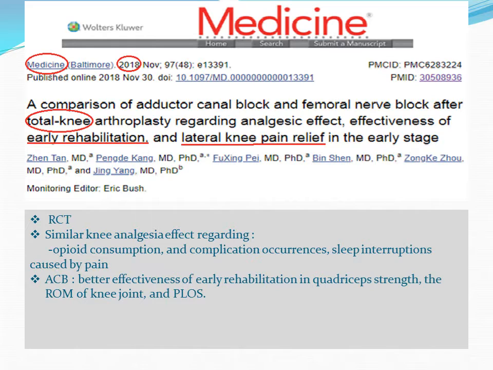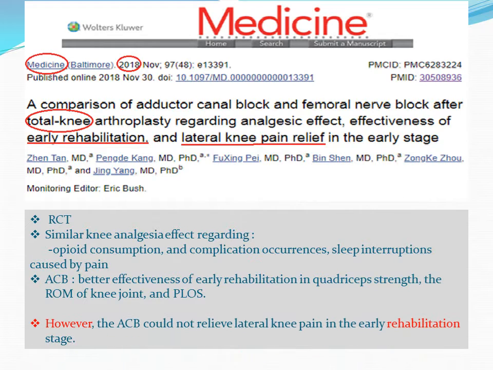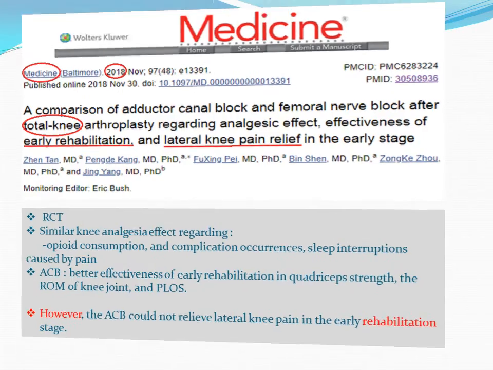In addition, adductor canal block had better rehabilitation, I mean better movement, but early rehabilitation is associated with lateral knee pain. So adductor canal block could not relieve lateral pain on early rehabilitation.